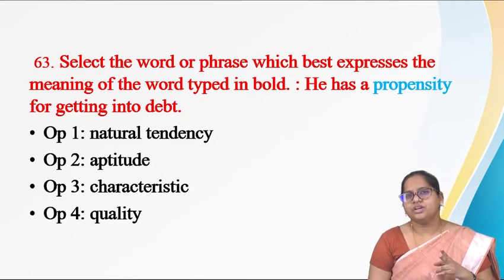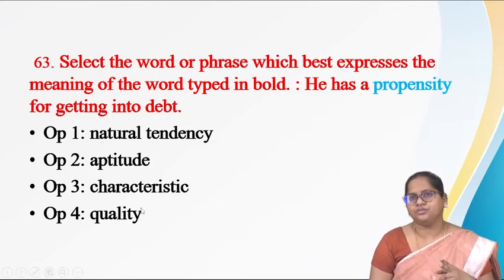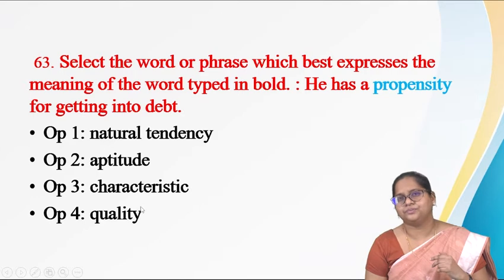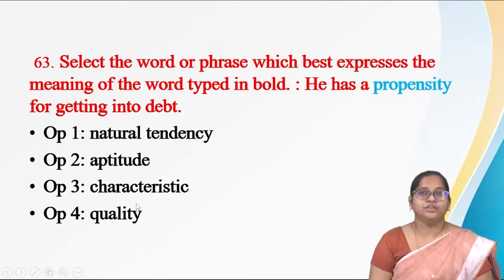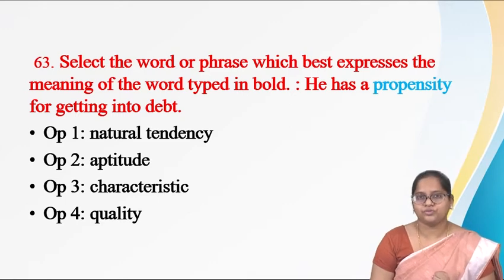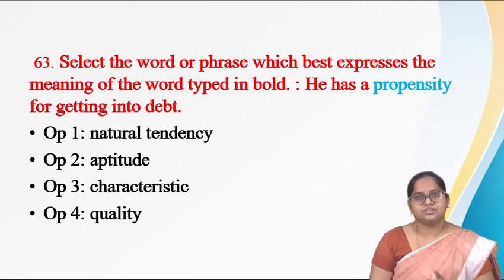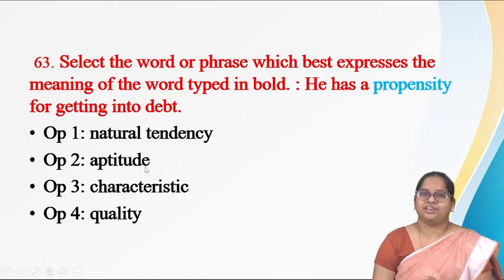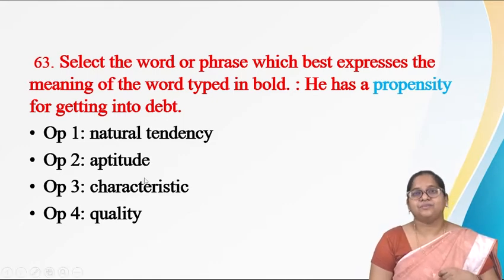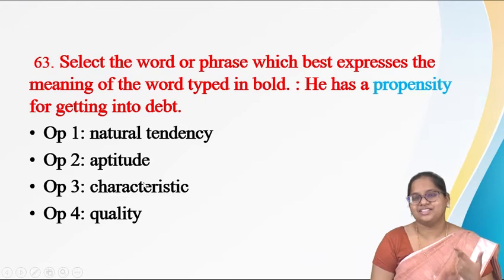So which is nearer, and which do you think is the right option? Maybe you can go for option 2. And of course, even if you go for option 1, it's not wrong, because it's natural tendency. But here, option 2 is more suitable, because aptitude is the natural instinct, they behave in that way.